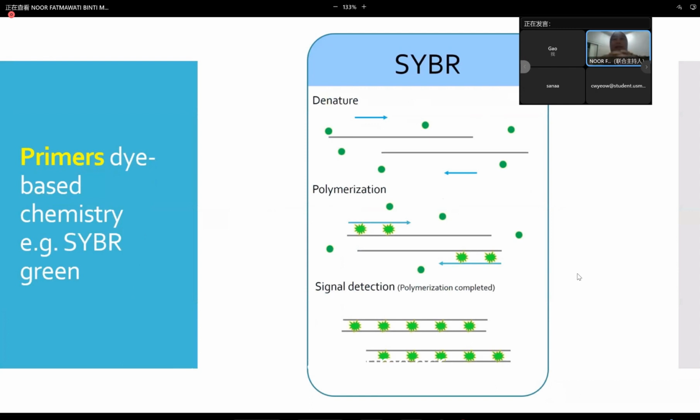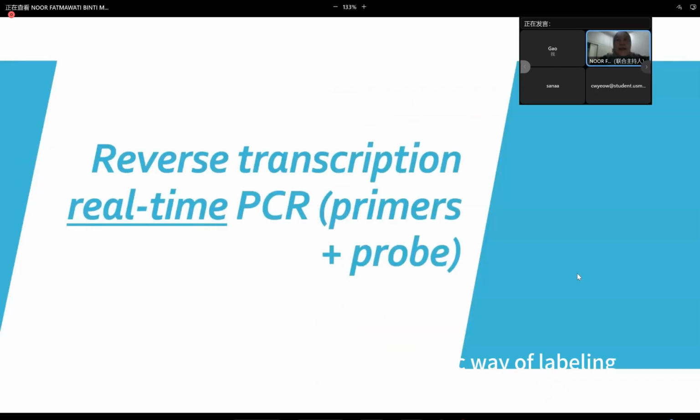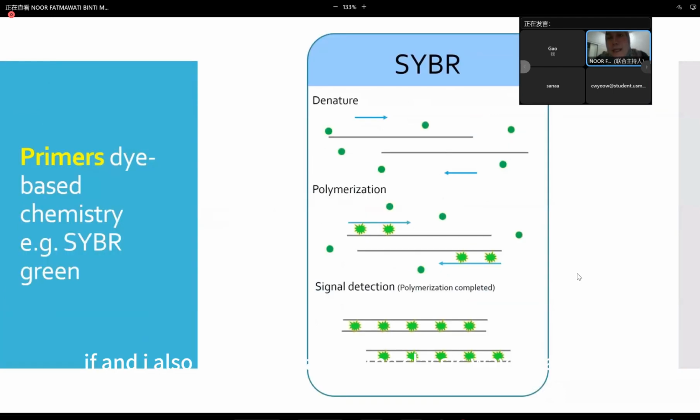And if you are using something measurable, it becomes real-time PCR. I also asked what the classic way of labeling is, and Yen answered radio label. Radio label is a very classic way of labeling the tools for detection.